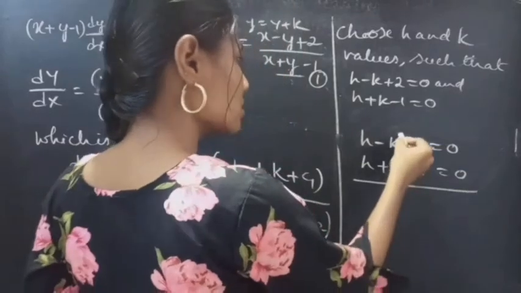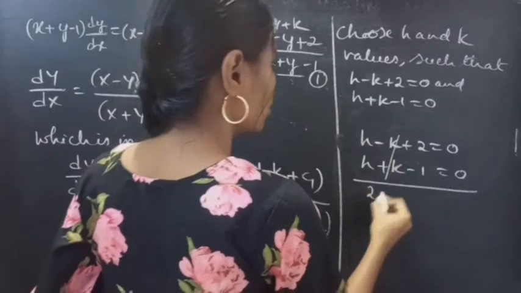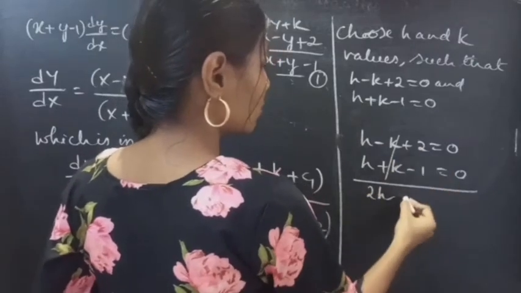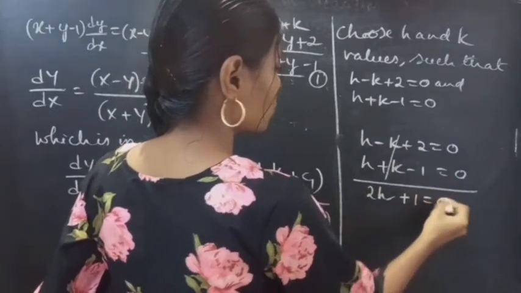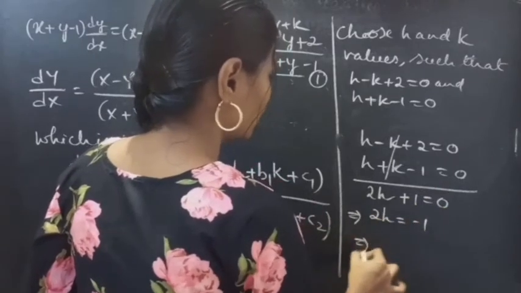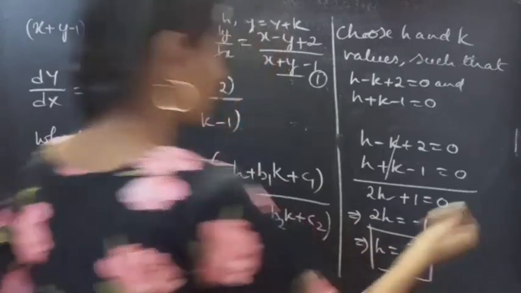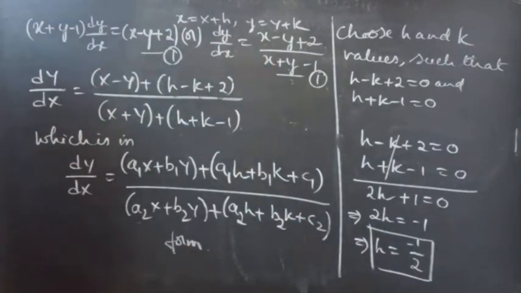Now we can cancel minus k and plus k, then you'll get 2h plus 2 minus 1 is plus 1 equals to 0. Then 2h equals to minus 1, then you'll get h equals to minus 1 by 2. Therefore, h equals to minus 1 by 2, right?